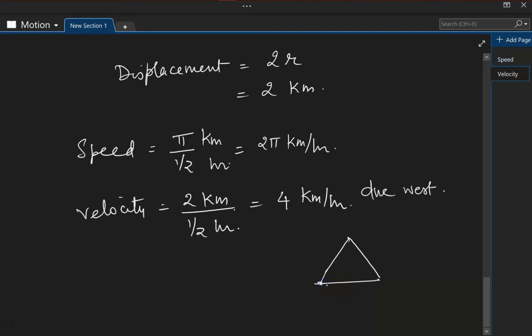You start from here, A, you go to B, and from there you stop at this point, at the midpoint of B and C. So that means you have to figure out the altitude of this triangle. For that you should know the formula. So you need to know geometry in this case.